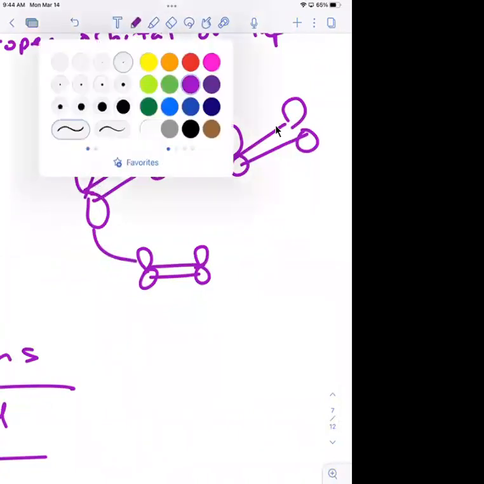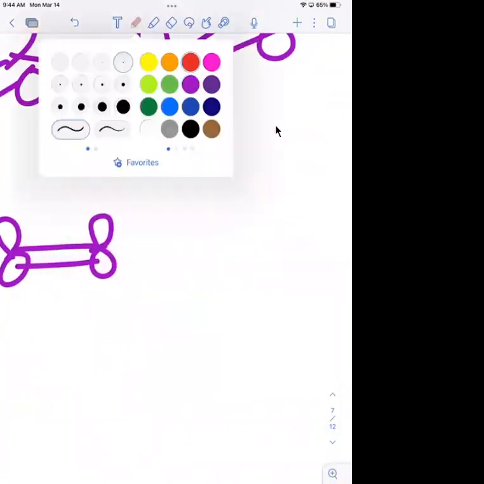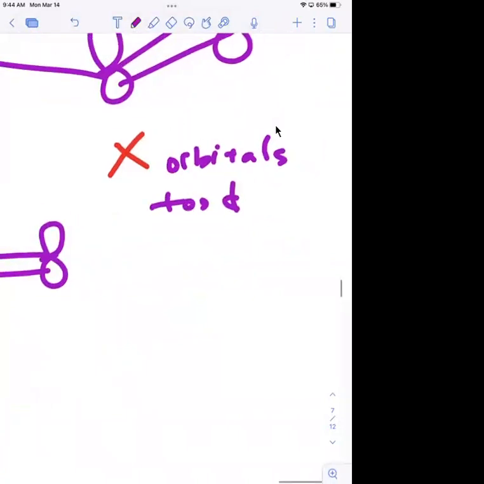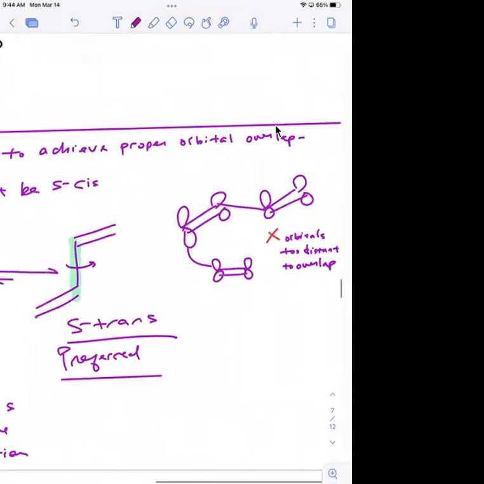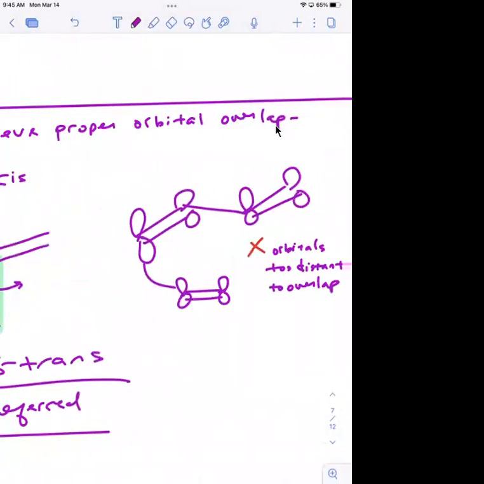Right here is where you're going to have a problem, because the orbitals are going to be too far apart to interact. If those orbitals are too far apart, they're not going to overlap properly. So this is why the S-cis is preferred.